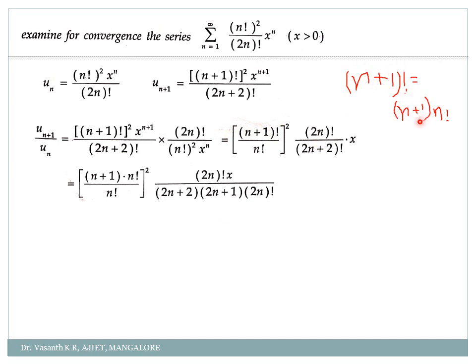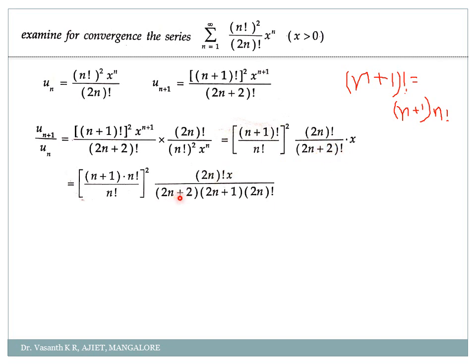So n plus 1 factorial is simply equal to n plus 1 into n factorial. This is a standard result which you already know, but I am explaining again. So n plus 1 factorial, I can write it as n plus 1 into n factorial.